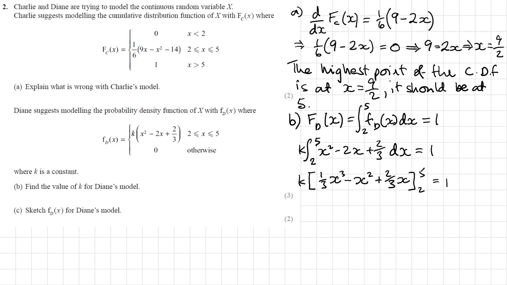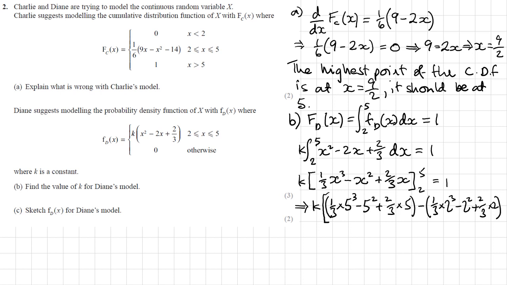So let's now put those limits in. So we've got k, and then let's use some big square brackets here. The first thing that I substitute in is the 5, so 1/3 times 5 cubed minus 5 squared plus 2/3 times 5, and then minus 1/3 times 2 cubed minus 2 squared plus 2/3 times 2, and that is going to be equal to 1.